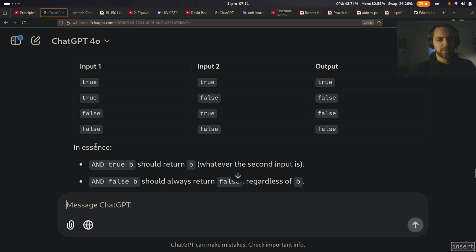But what are the other cases? If we have true and false, we get false. And if we get false and true, we get false. So there are two things. If the inputs are different, we get false. And it makes no difference if it's xy or yx. So if two inputs are different, we get false. If they're the same, we get whatever they are.